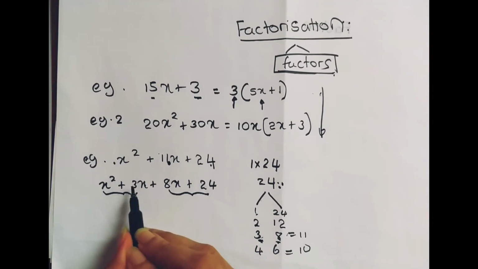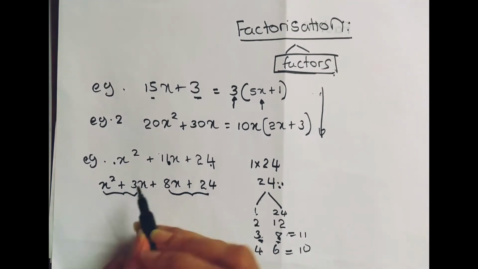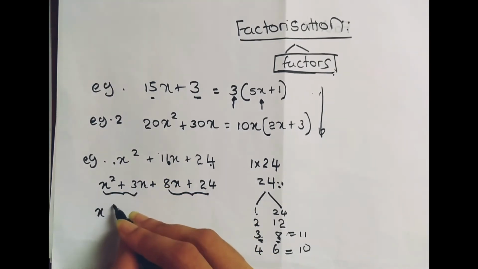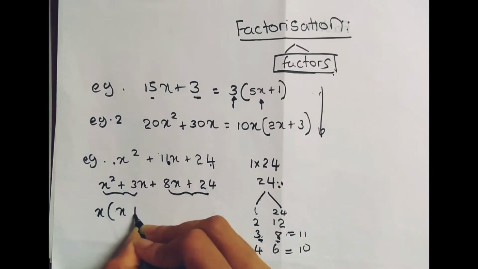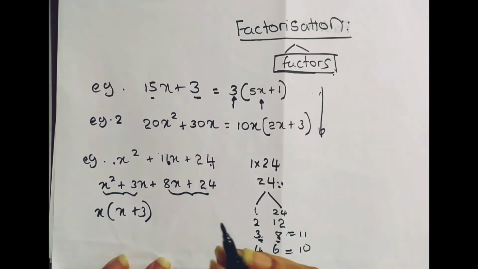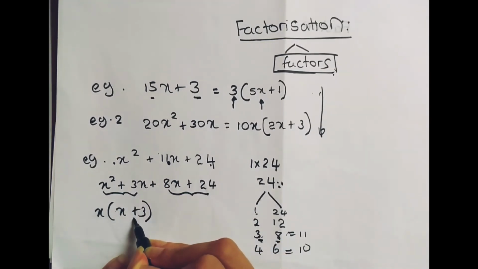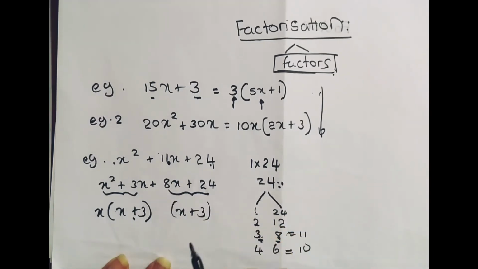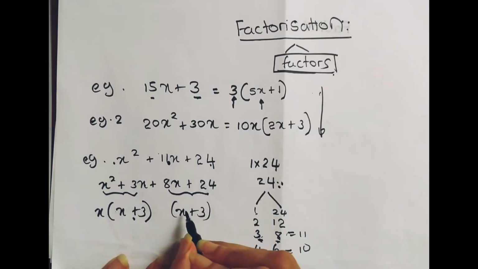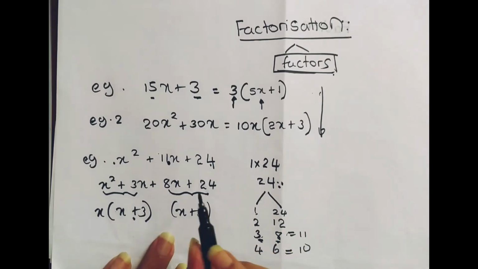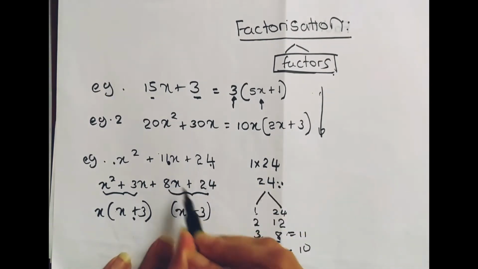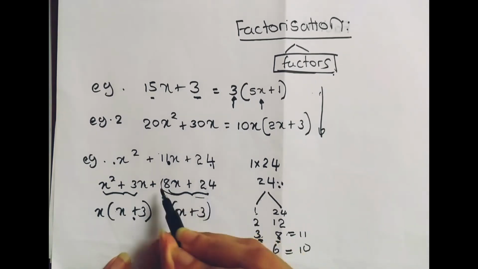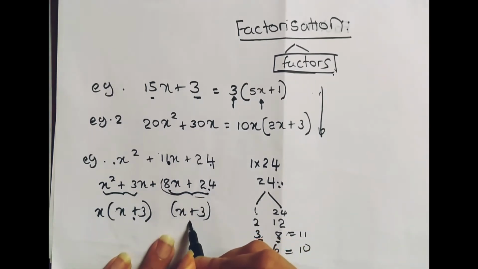If I look at this and this, the common factor here is x. Then I'm going to write here x plus 3. Whatever you write inside this bracket should be right here again. And then you are going to check how you are going to make these two terms using this expression.